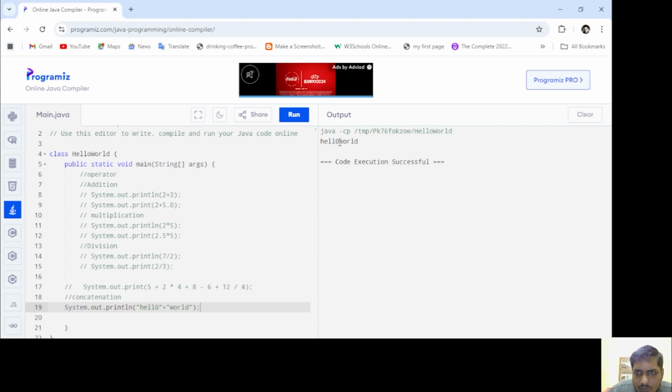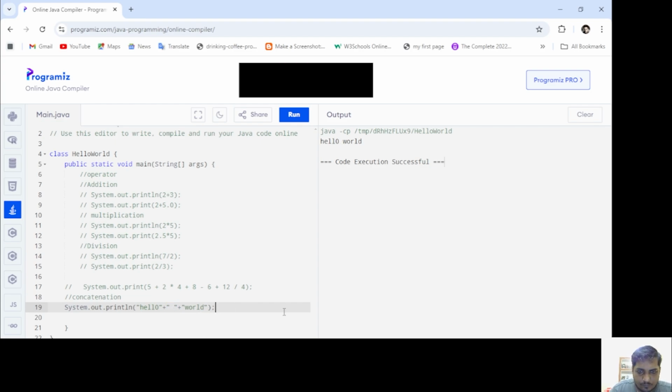Now if we require some space here, what will we do? We will add some space with the addition. See here, what we have done, we have used double quotes with a space with the addition. So the output is hello world with the space. That is called the first case.